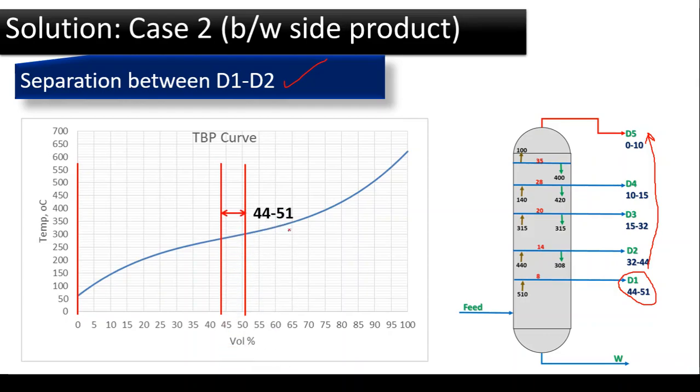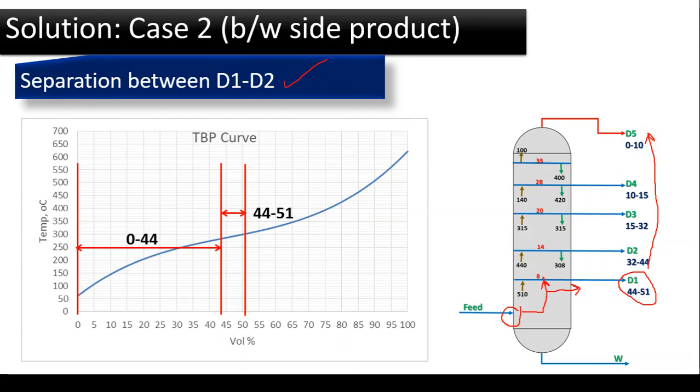You have to understand why we have taken D2 as 0 to 44. Let us look at the possibility. All the material goes into the feed, then all the material goes through this stage, this tray number 8. Only a portion is taken out, meaning between 44 and 51 it is taken out.